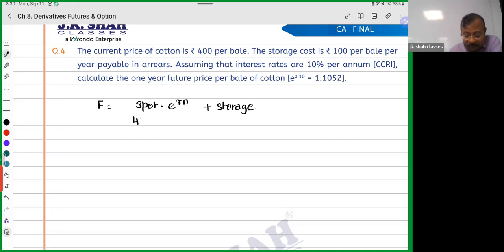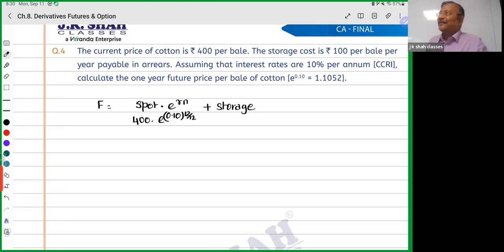Spot is 400 into e raised to R is 0.10, right? And n will be 12. Don't get into this habit of 1. Always make this habit of 12 by 12.